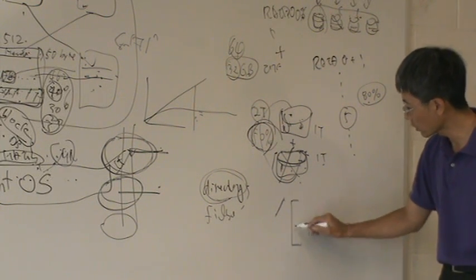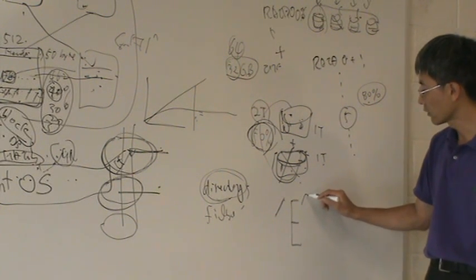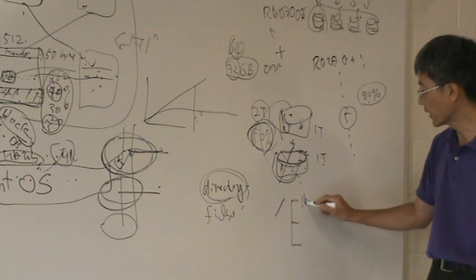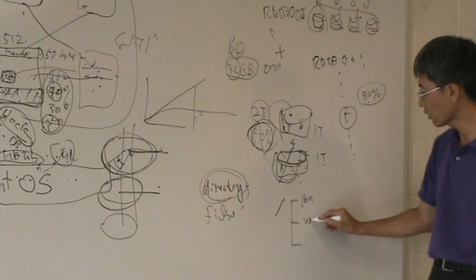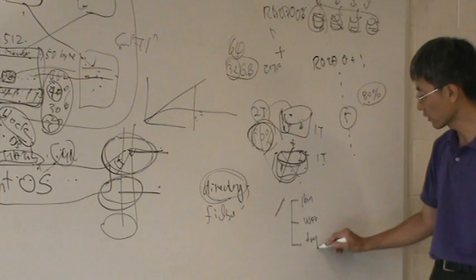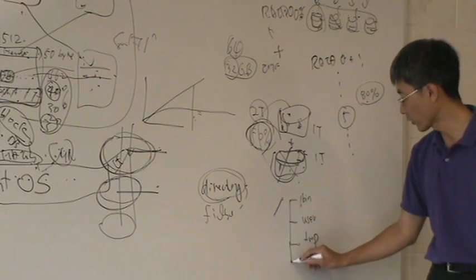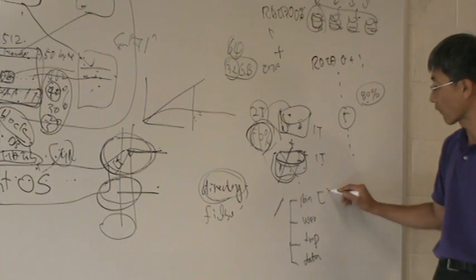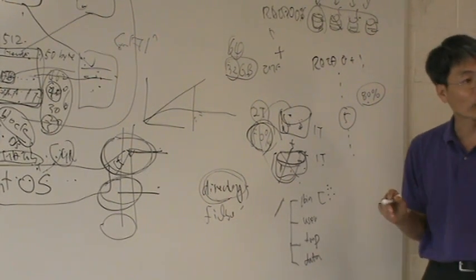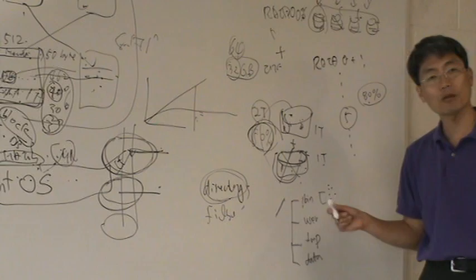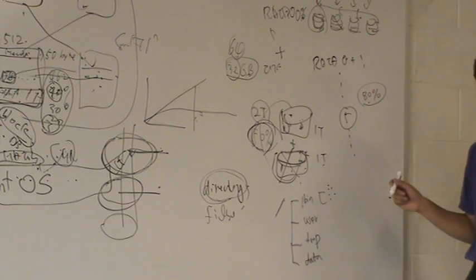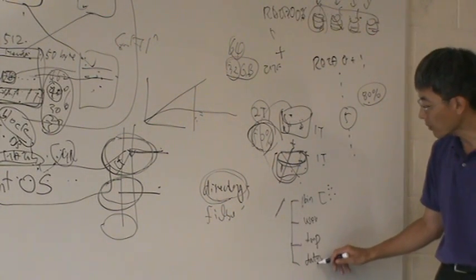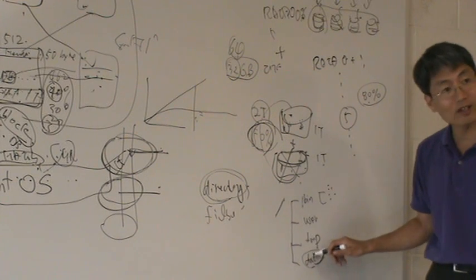Then under the root, you can have, for example, bin, usr, tmp, and data. Under the bin, you can have a file or another directory structure. In terms of Windows, it's called a folder, okay? Something like that.